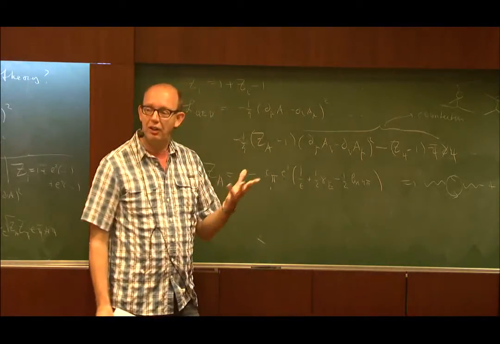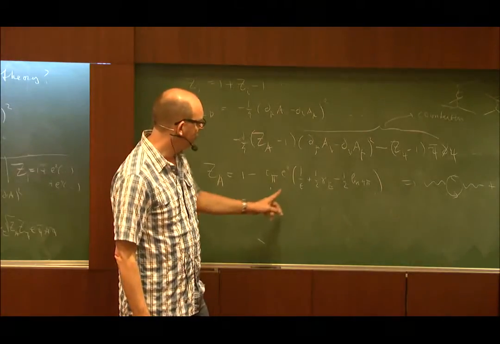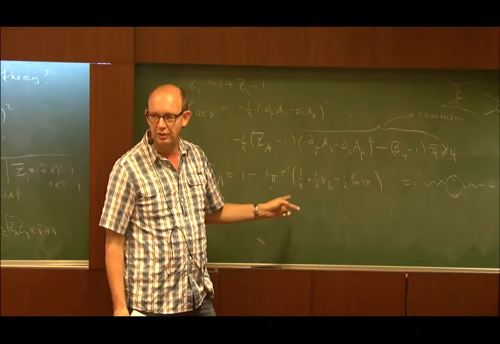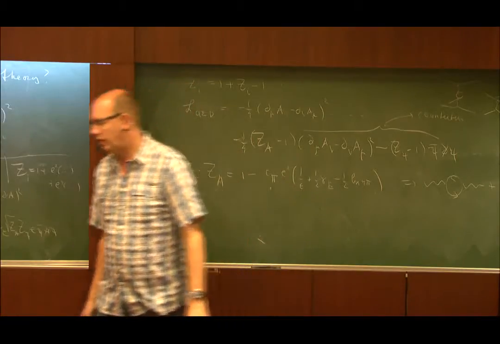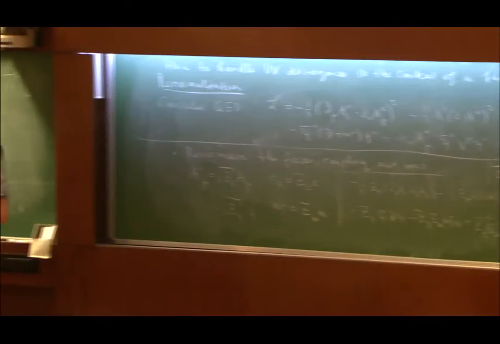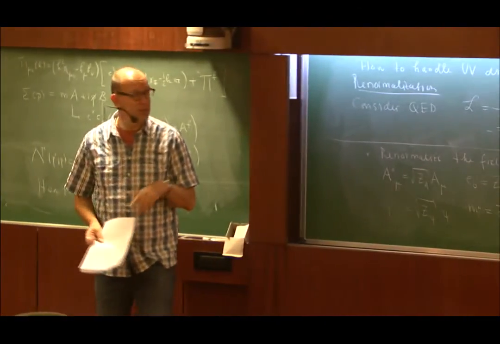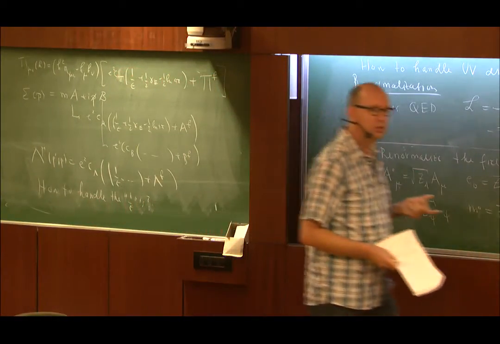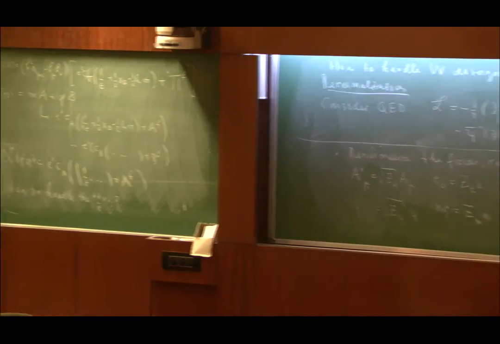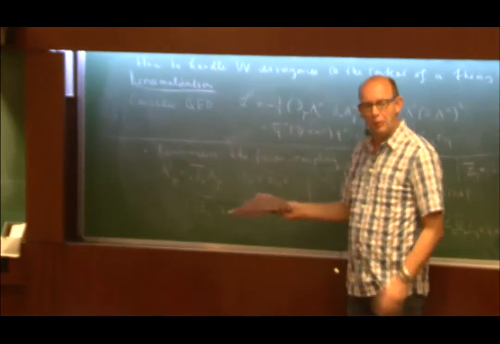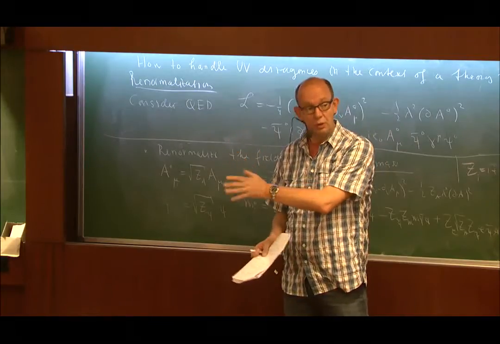If you work really hard and compute also the 2 loop terms, the e to the 4th terms, same thing. You will find that whatever you do at 2 loops, these z factors will fix it all. And the same z factors. It's not that you need new z factors at every order. It's just these few, 4 or 5 z factors. All you need to do is compute the next term in them, but you don't need a new one.